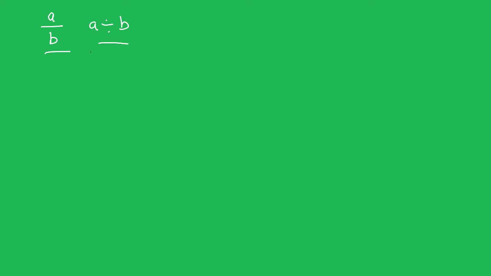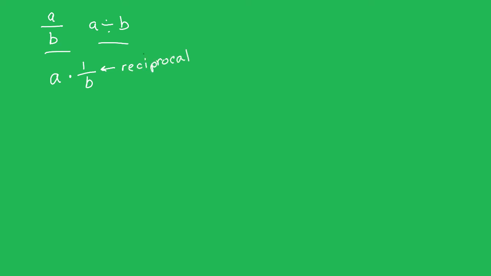But anyway, if we want to turn this into a multiplication problem and form a link between multiplication and division, what we do is we take the first number, the number on top, and we multiply it. This little dot here means the same thing as multiplying by 1 divided by the second number, so A times 1 over B. Now what we're doing here, oh, by the way, this is called the reciprocal.